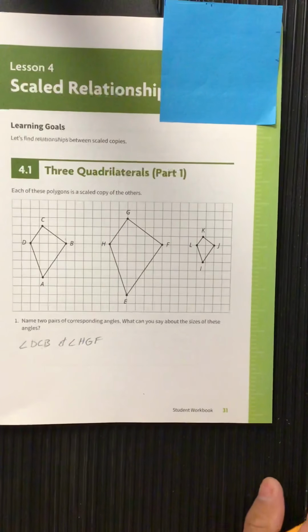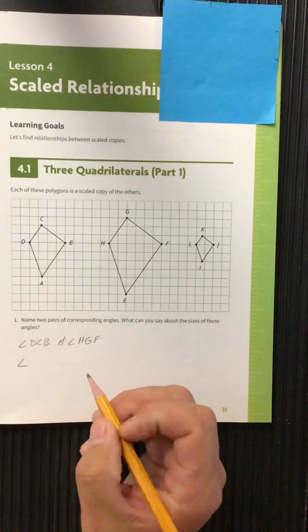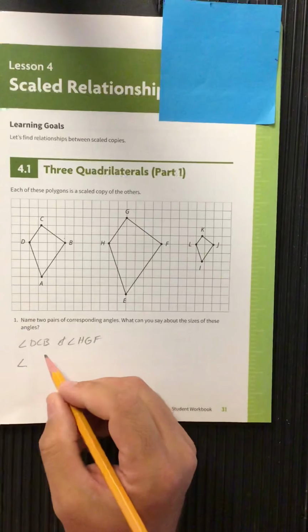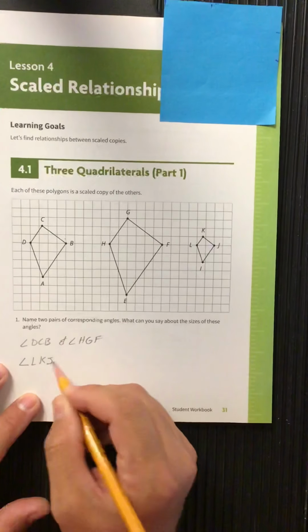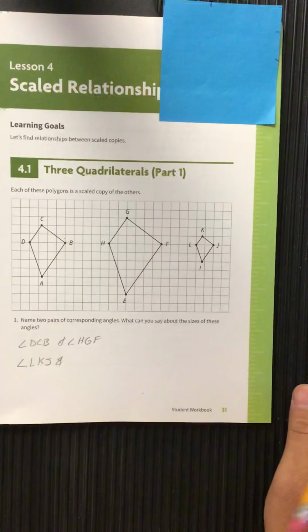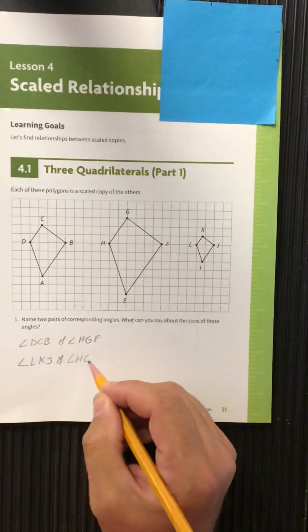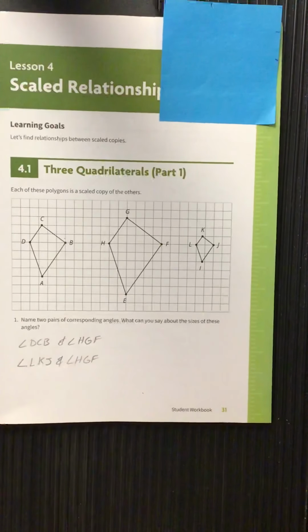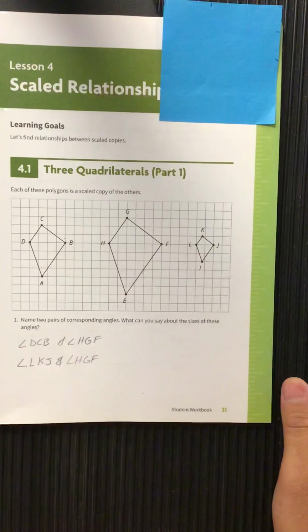Lauren, can you give me another angle? Give me something that corresponds to LKJ. H, G, and F again. Okay, again, you can list other ones. Make sure the letters are in the same order.